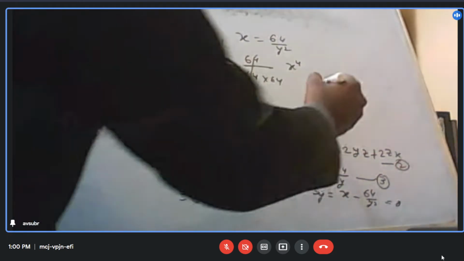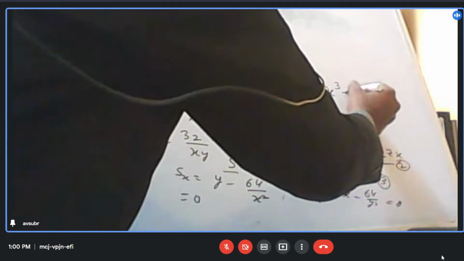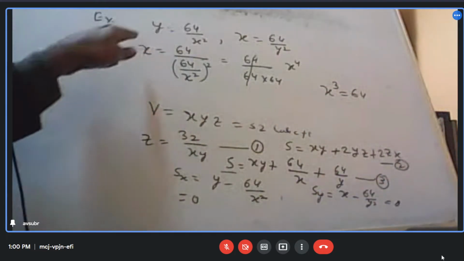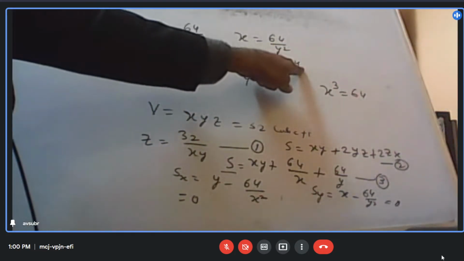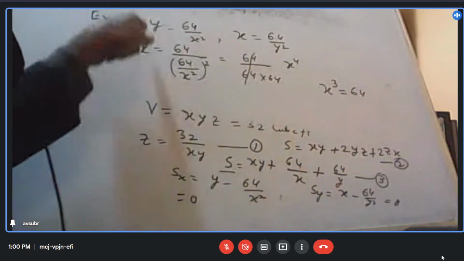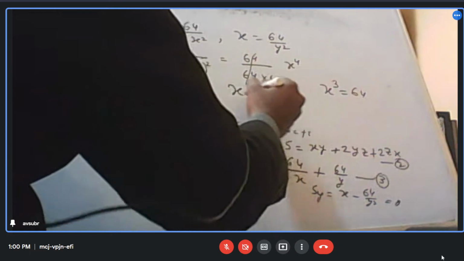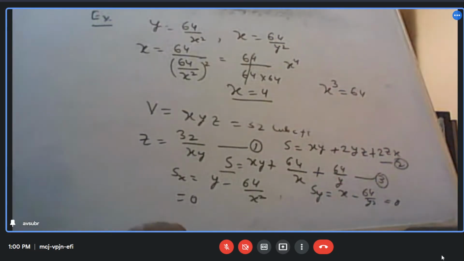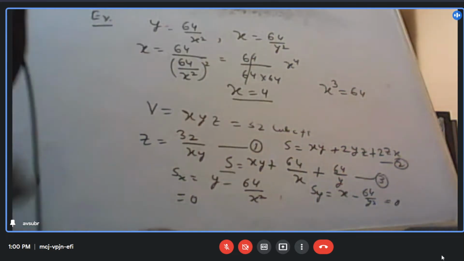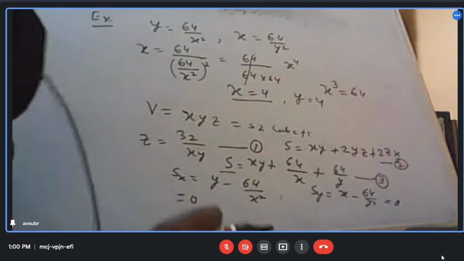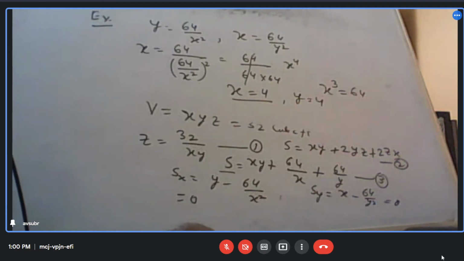So x to the power 3 is equal to 64. x cube is equal to 64, it means x is equal to 4. And we can put this value over here, so y also comes out to be equal to 4.